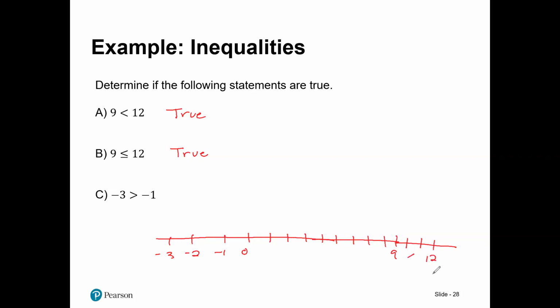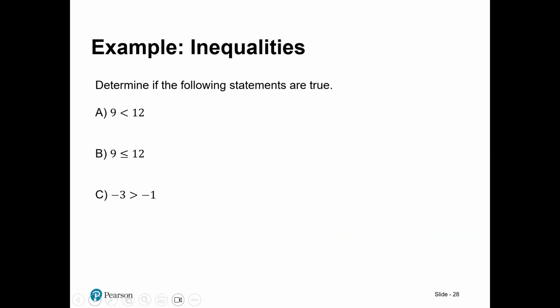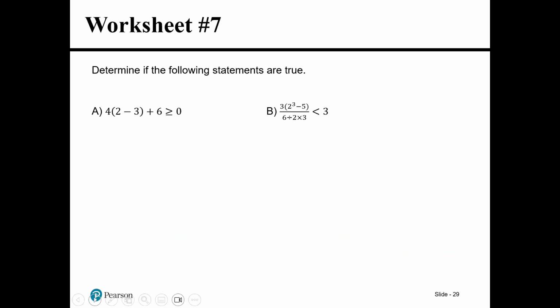These numbers are always ordered like this. So in fact, what we have is -3 is actually less than -1. So this is a false statement. Like I said, it might seem a little silly, but we're just quickly hitting these things.